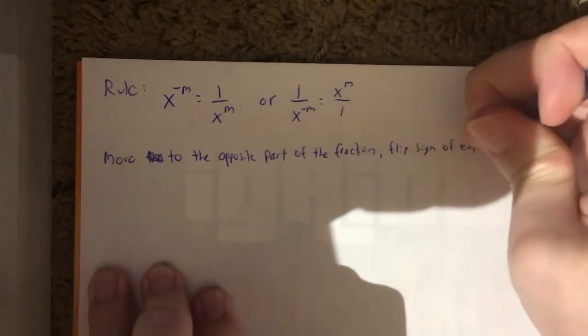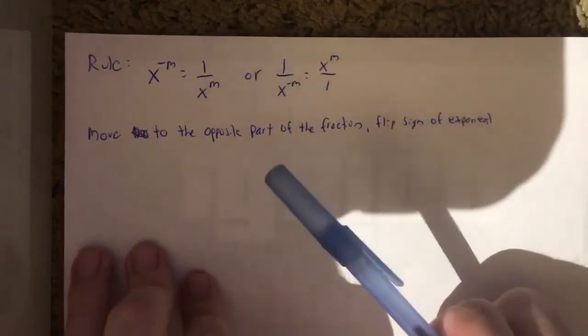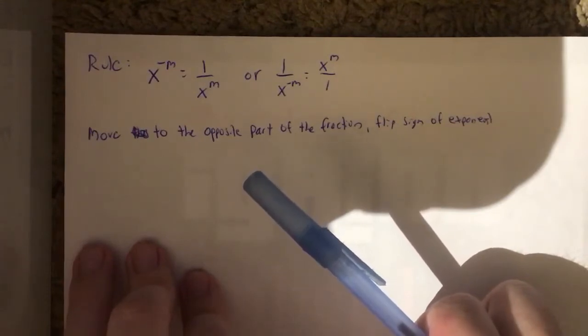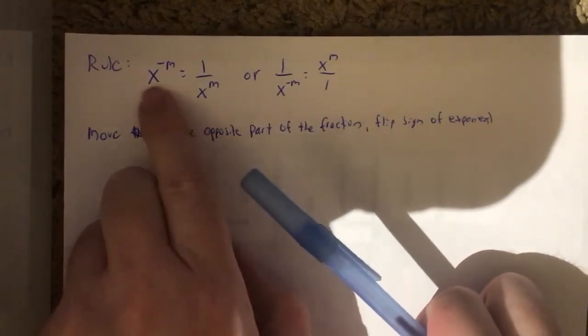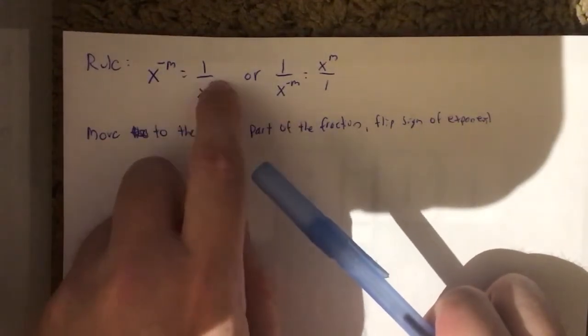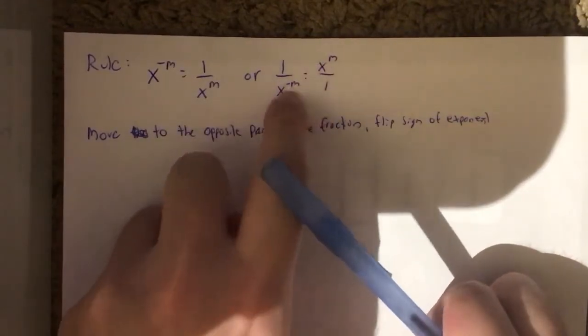That's all you do. You don't change anything else. When you have negative exponents, the only thing you're changing is the exponent sign. Nothing else changes. Just move it to the opposite part. Notice the base doesn't change. It's still x. The exponent itself doesn't change. Only the sign changes. Negative to positive, negative to positive, positive to negative.